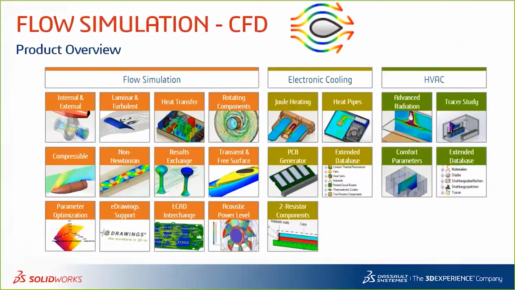Flow simulation is our CFD solution as part of SolidWorks that allows you to test for conduction, convection, and radiation, and also integrate other properties such as PCB generators, acoustic levels, exchanging information between ECAD and MCAD, testing out non-Newtonian fluids and rotating components. So it goes much more beyond just conduction, convection, and radiation.